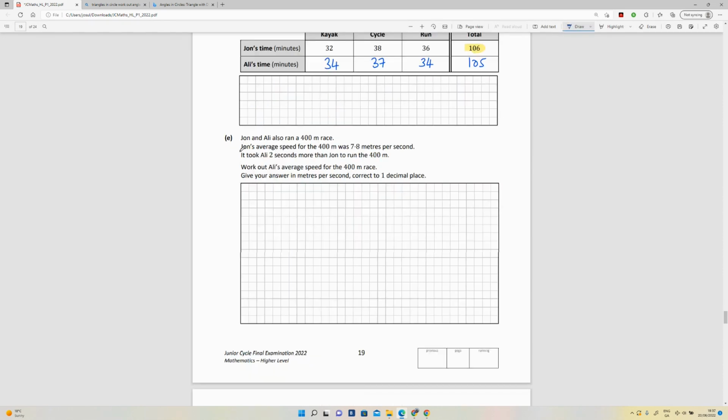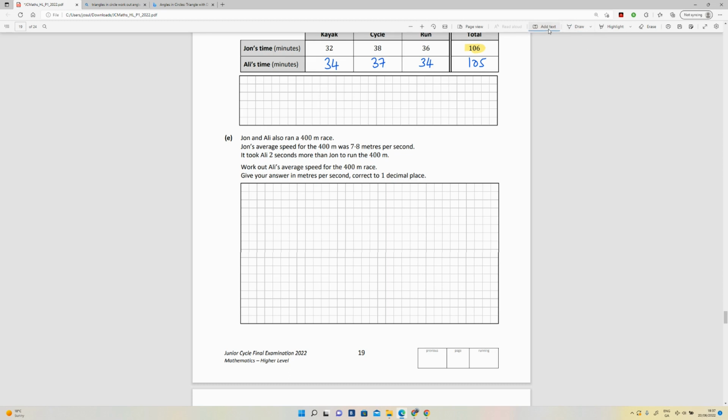Okay, last part, E. John and Ali also ran a 400-meter race, so this has nothing to do with the triathlon. John's average speed for the 400 was 7.8 meters per second. It took Ali 2 seconds more than John to run the 400 meters. Work out Ali's average speed for the 400. Give your answer in meters per second, correct to 1 decimal place.